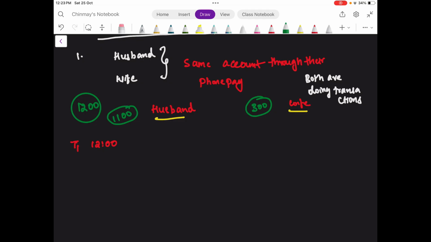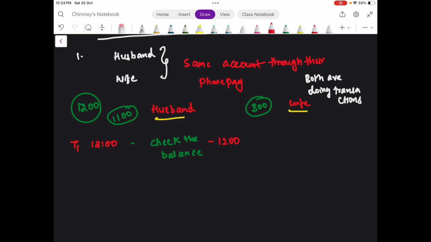Both are unaware of each other while doing the transactions. At 12 o'clock, the husband tries to debit. It checks the balance and gives 1200 rupees.